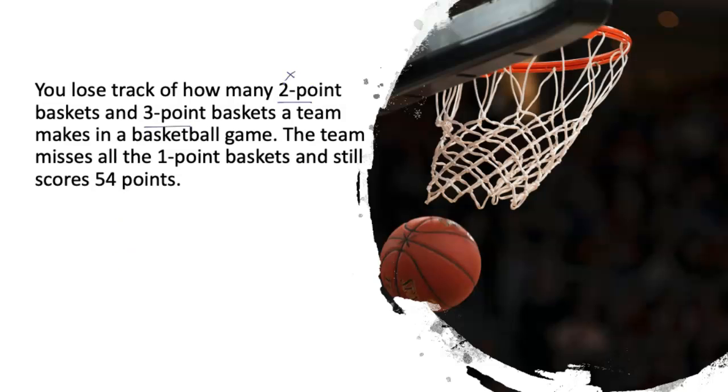So I'm going to call my 2-point X, I'm going to call my 3-point Y, and I know that when I get it all added up, it's going to equal 54. So what's my rate for a 2-point? Well, you get 2 points for every one of these baskets you make, so that'd be 2X. My 3-point, well, I get 3 points for every one of these baskets, so that'd be 3Y equals total points 54.